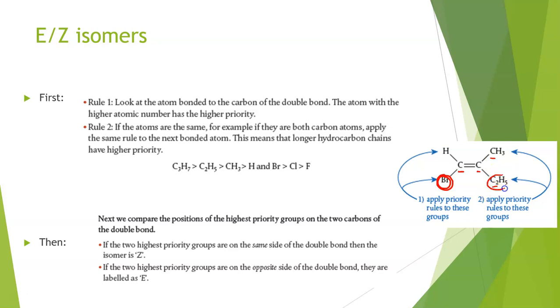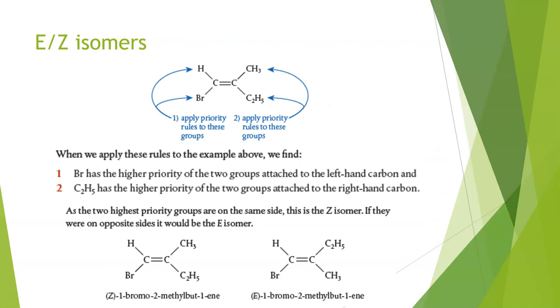So our ethyl group here will have the higher priority. So in this case, it would be a Z isomer because the bromo and the ethyl are on the same side and they are our highest priority. Okay, so this configuration here would be Z-1-bromo-2-methylbut-1-ene.